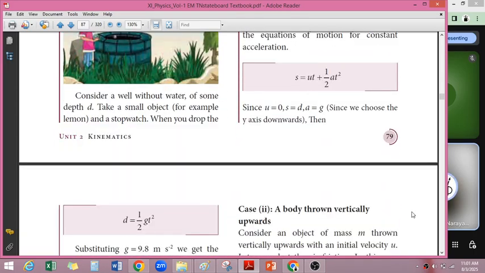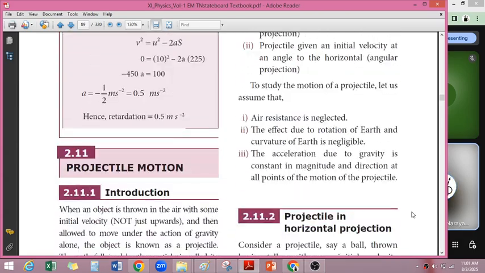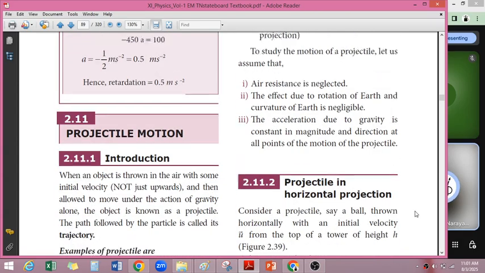I think after this mostly 36. Oh, then you have projectile motion also.